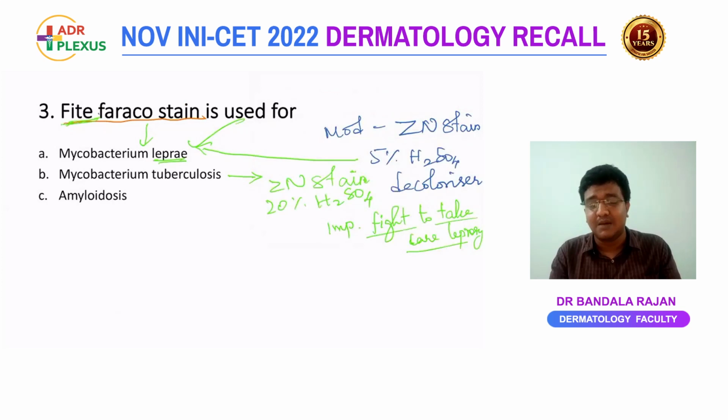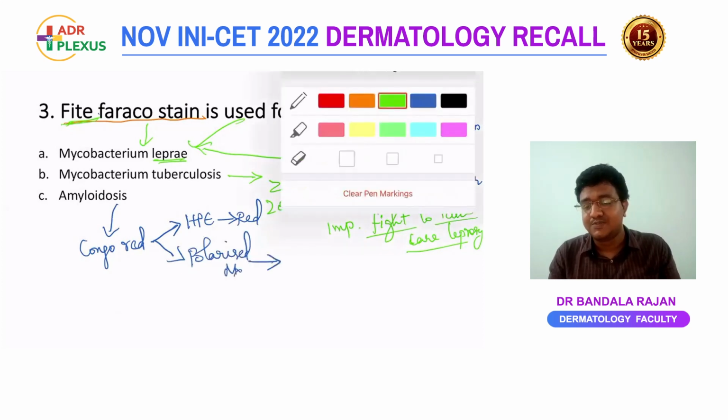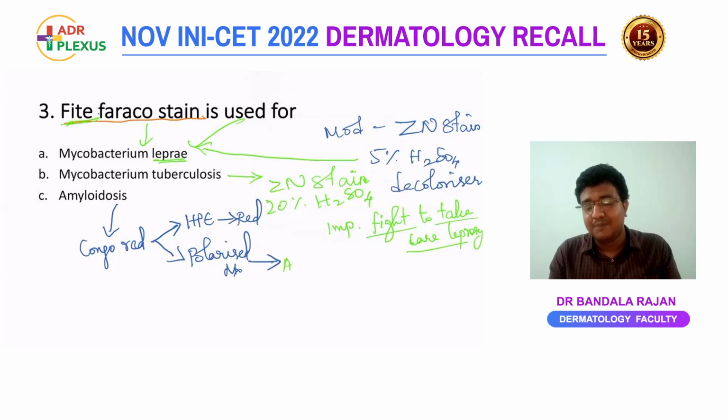The next option is amyloid. In amyloid, the main stain used is Congo red. If it is in a histopathological section, it will show a red stain. If it is seen under a polarized microscope, we can make out a special finding known as apple green birefringence.